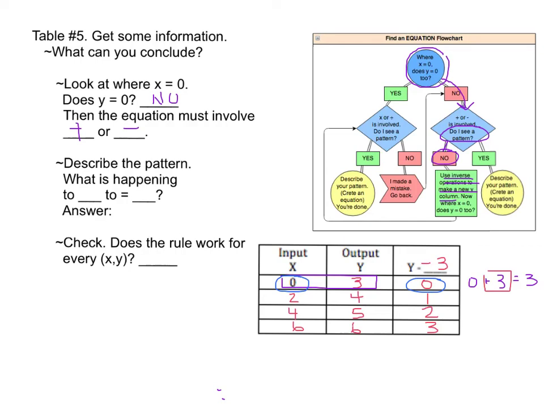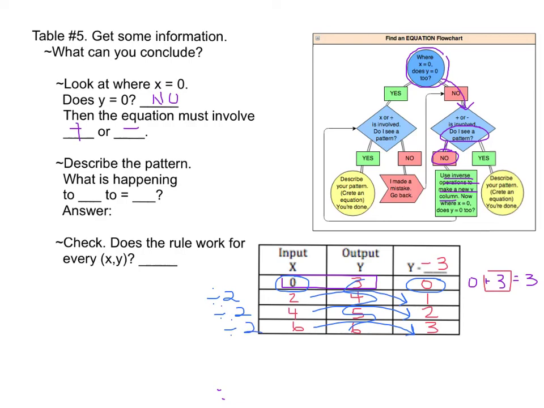So to make 2 equal 1, since that's getting smaller, 2 divided by 2 would equal 1, so I think that would work. Let's see, to make 4 equal 2, 4 divided by 2 equals 2, and 6 divided by 2 equals 3.